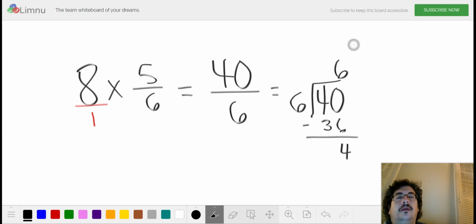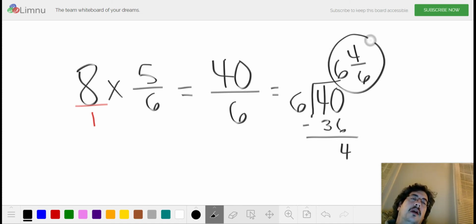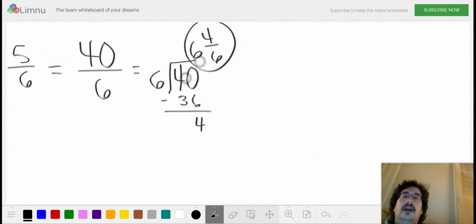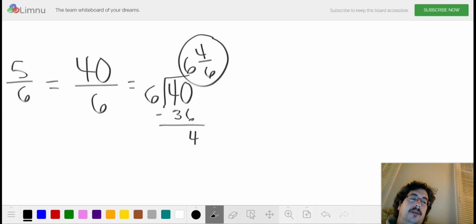And I'm going to write my 4 as the numerator and my divisor 6 as the denominator in my mixed number. And you might be thinking, well, this is great, I got 6 and 4/6. Surely Think Central's going to accept this. Fortunately, it won't, because 4/6, the fraction in the mixed number 6 and 4/6, is still not completely simplified.